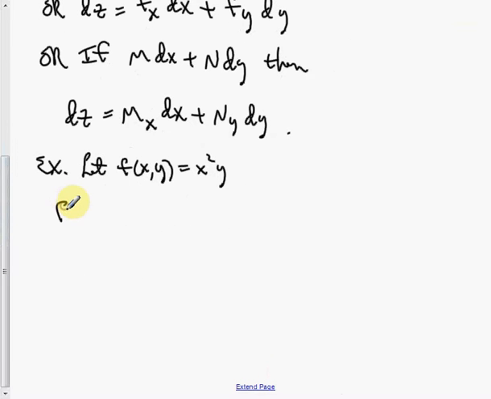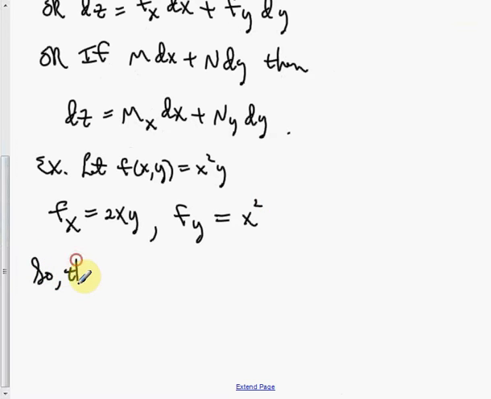If I take the partial derivative of f with respect to x, I get 2xy. That is, take the derivative; here I focus only on x, and I treat y as a constant or coefficient. Take the partial of f with respect to y. I take the derivative with respect to y, and I treat x as a constant or coefficient. So this is just x squared.